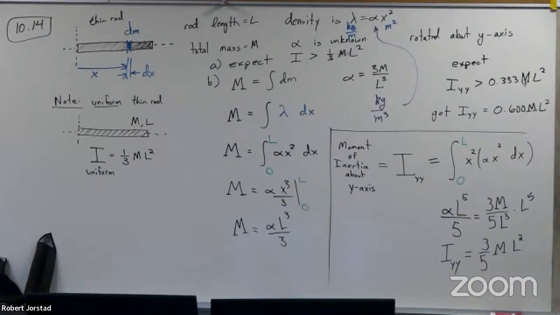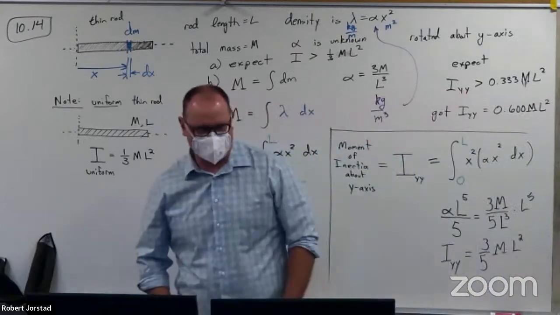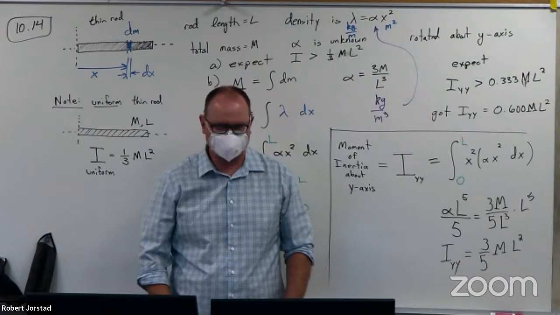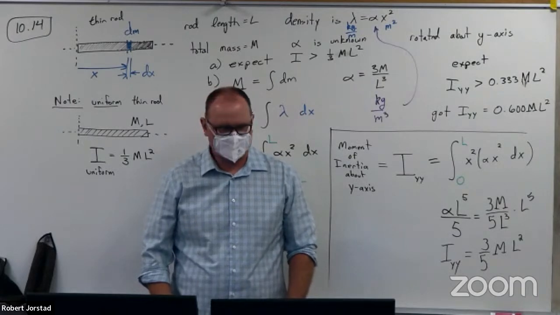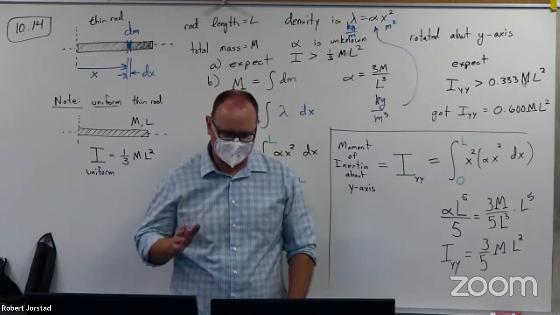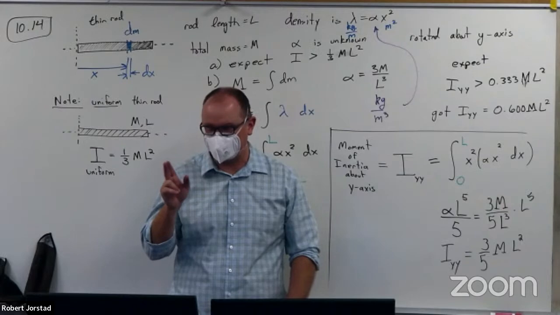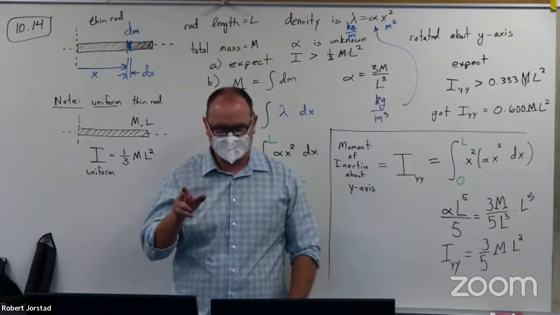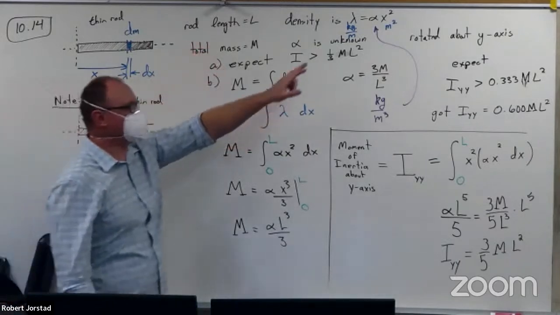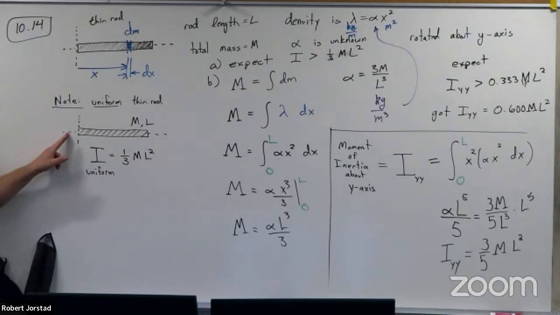There is a last note I wanted to make. In center of mass problems, this is subtle. Listen to this carefully. In center of mass problems, you could choose whatever coordinate system you want. If I give you a non-uniform density, this function is linked to the coordinate system I gave you.